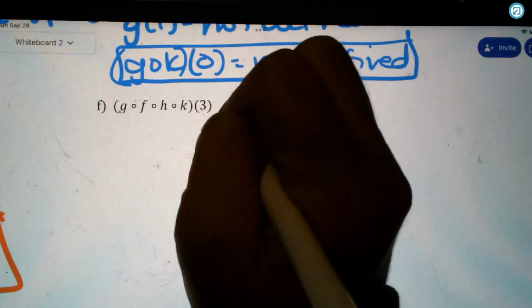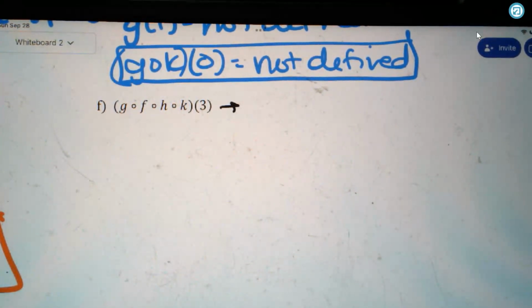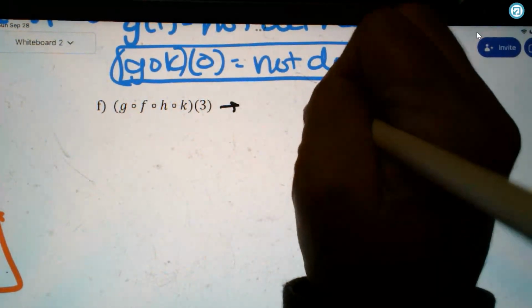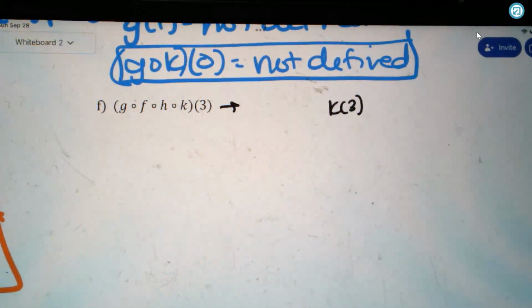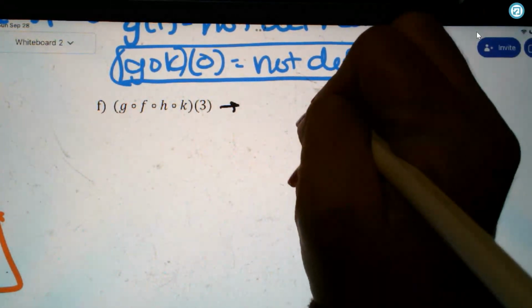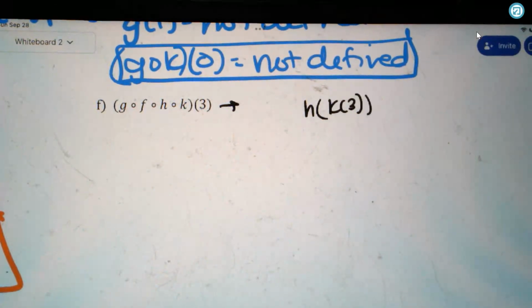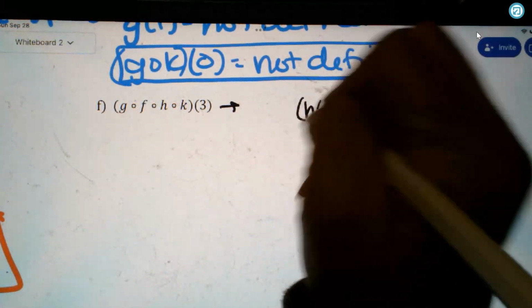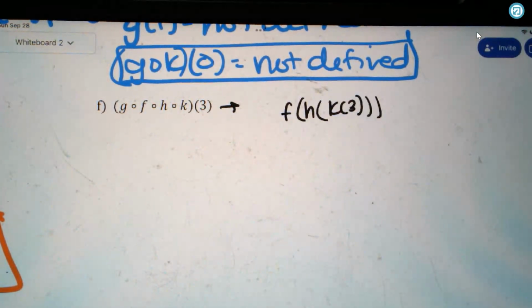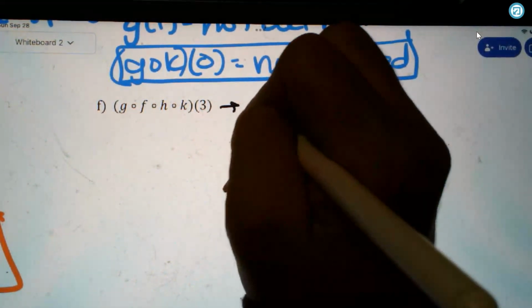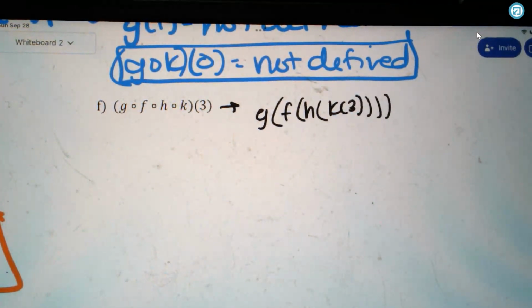We would start with k of 3 on the inside. Then we move out and do h of that. Then f of that. Then g of that. That is what it would look like if you wrote it out with parentheses versus the little circle in the middle.